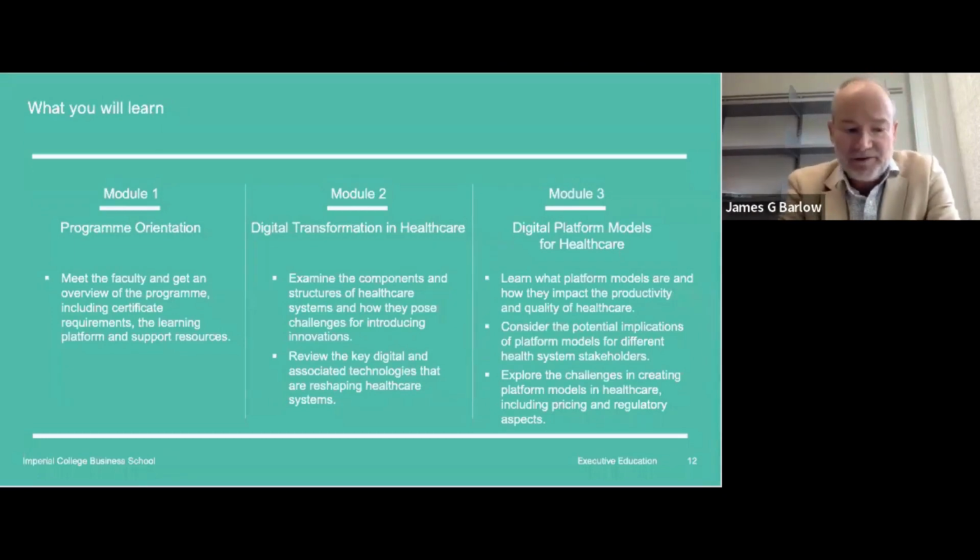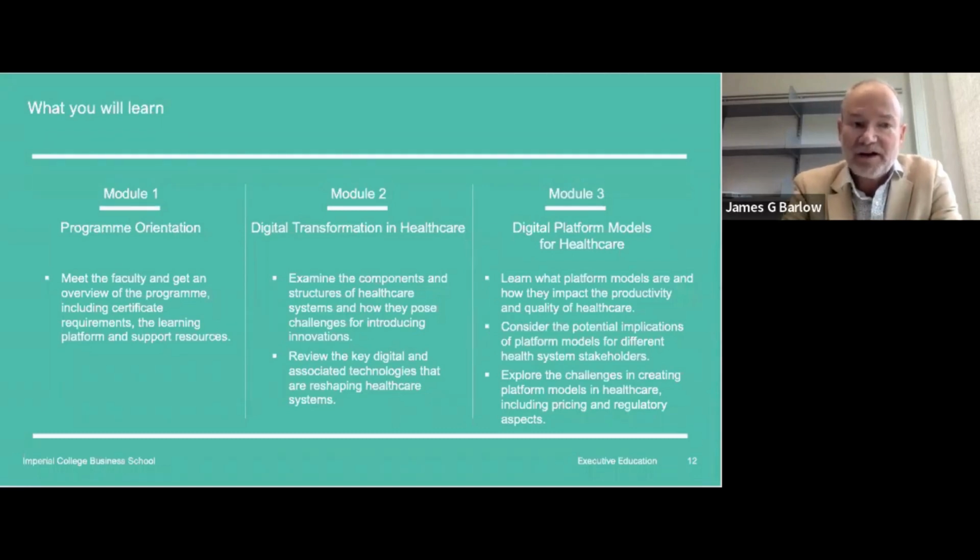The way we've organized the program is really to try and take you on a journey that starts with the big picture, the core technologies which support digital transformation, the forces that are driving it, the complexity of health systems, and then drill down deeper in later parts of the course to look in some more in-depth modules which explore key aspects of digital transformation in different areas of healthcare.